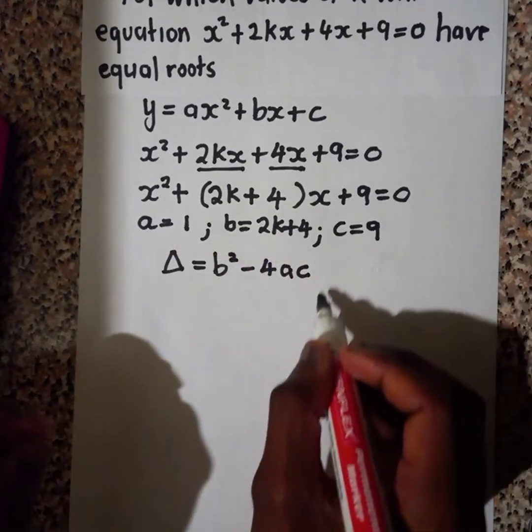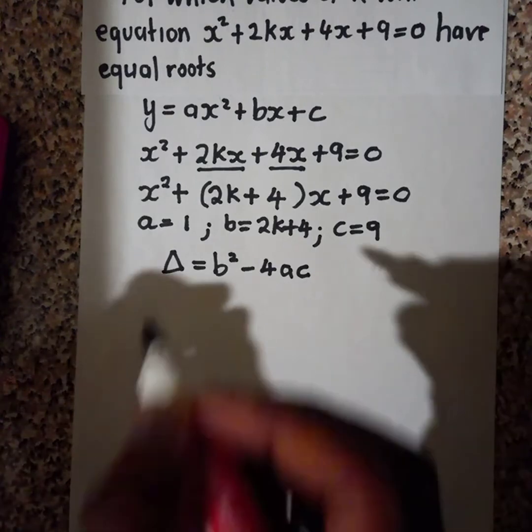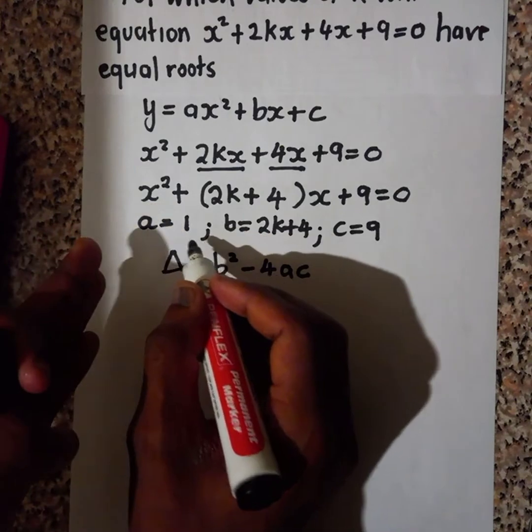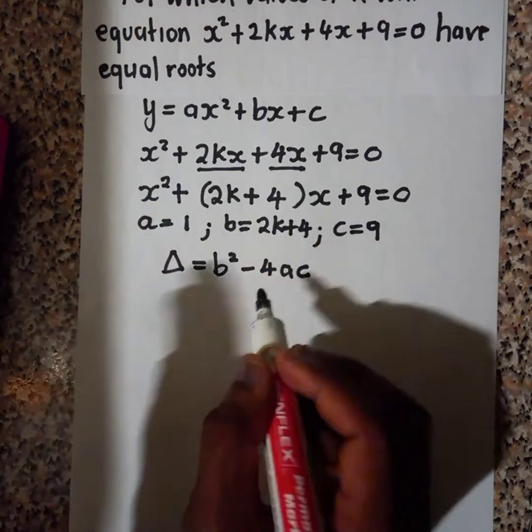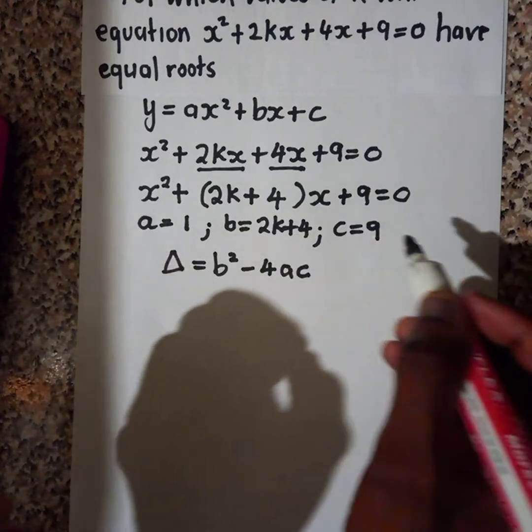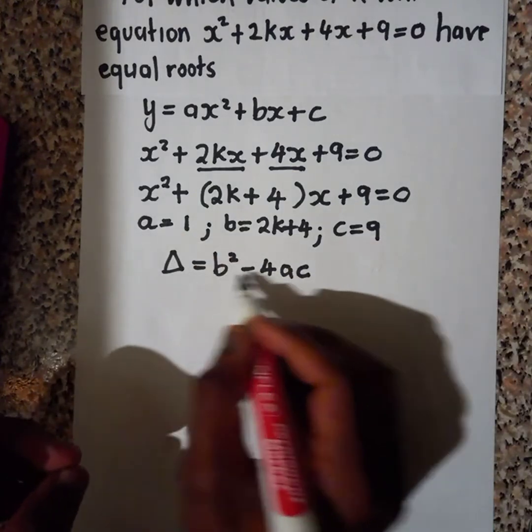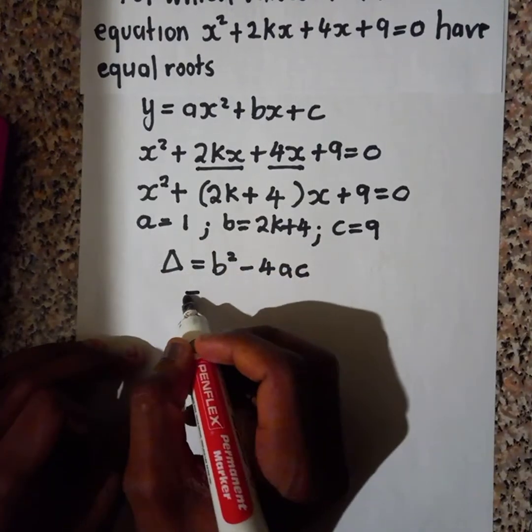This is the discriminant formula. From this point, we'll substitute your values of a, which is equal to 1, your b, which is the expression 2k plus 4, as well as your c. Let us substitute these values into our discriminant formula as follows.